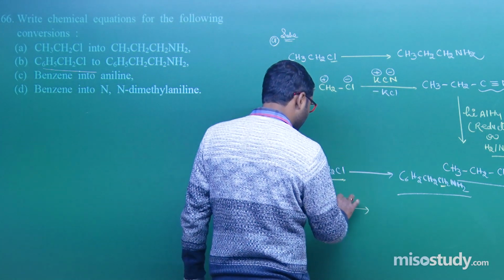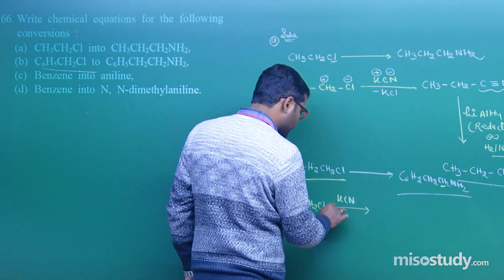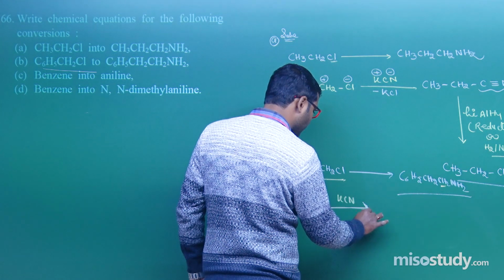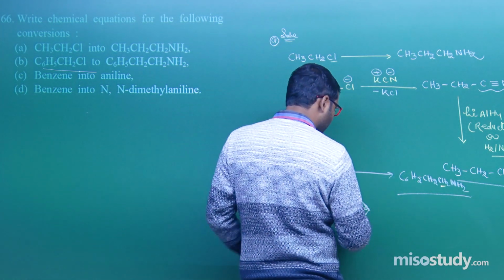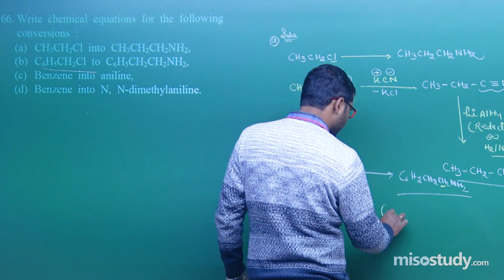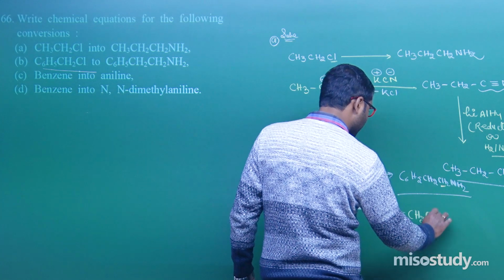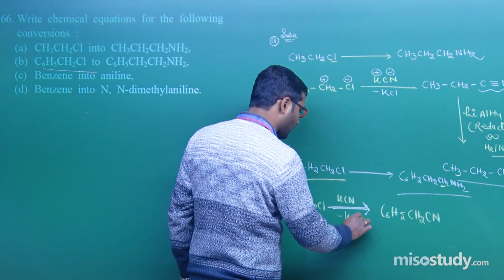C6H5CH2Cl is treated with KCN. What is the product here? We will get C6H5CH2CN, with the release of KCl.